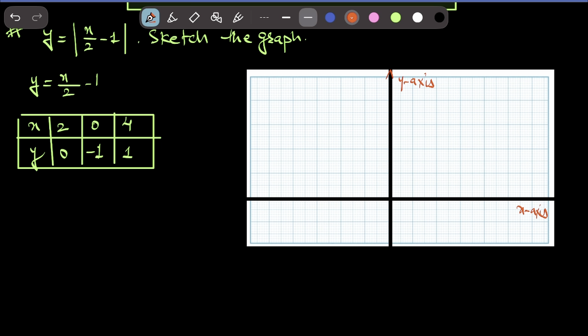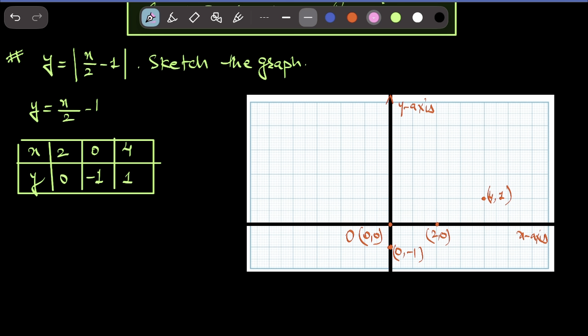Let's quickly plot the points. This is your origin 0, 0. First point is 2, 0. So this is your 2, 0. Next one is 0, minus 1. So 0, minus 1 is represented right over here. And the third point is going to be 4, 1. So this is your 4, 1.